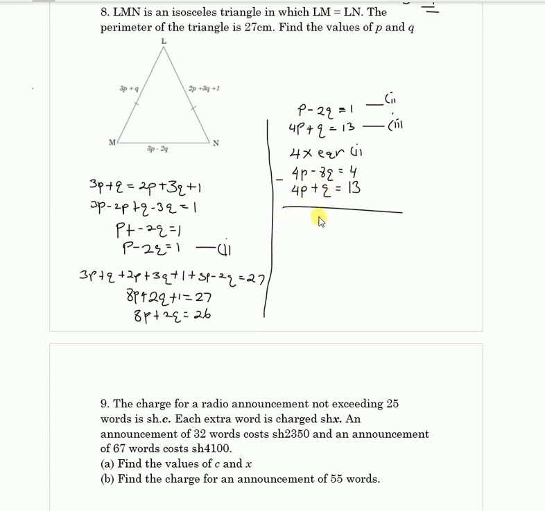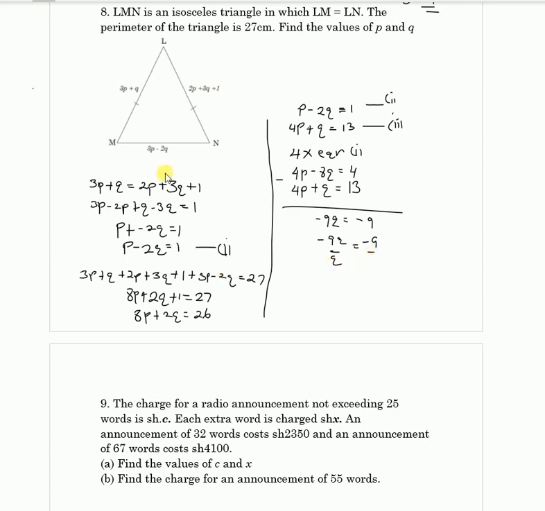So I have negative 8Q minus Q, that is negative 9Q, is equal to 4 minus 13, which is negative 9.